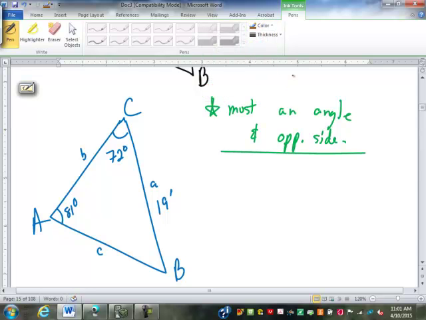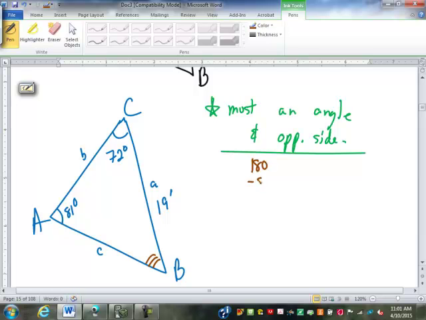Well, fortunately, anytime I have 2 of the angles of a triangle, the third one's pretty easy to find, isn't it? So anytime I have 2 angles and at least one side, I can use the law of sines, period, no matter what. Because here this third angle is going to be found by doing what?